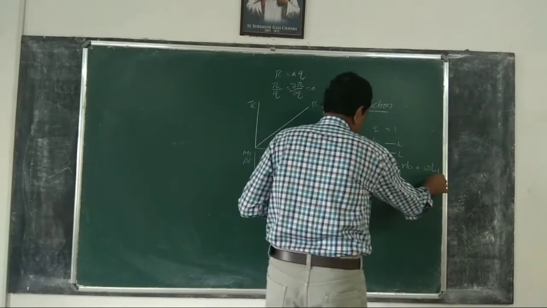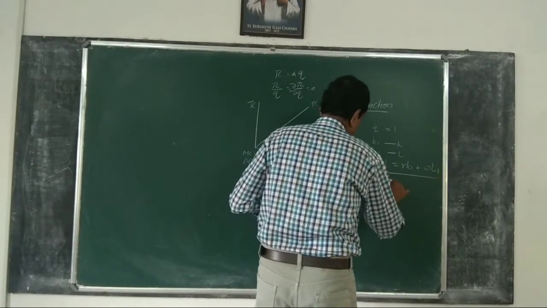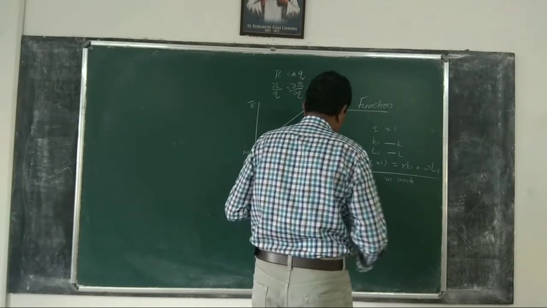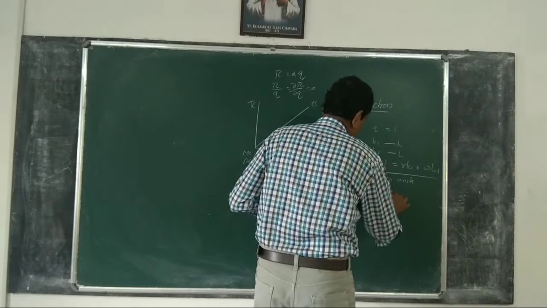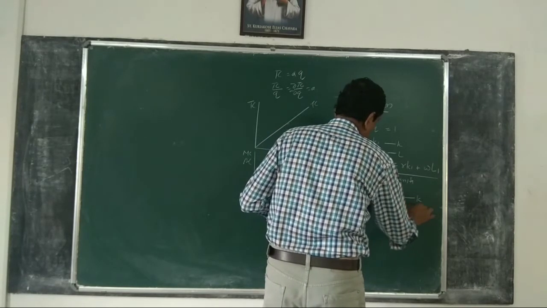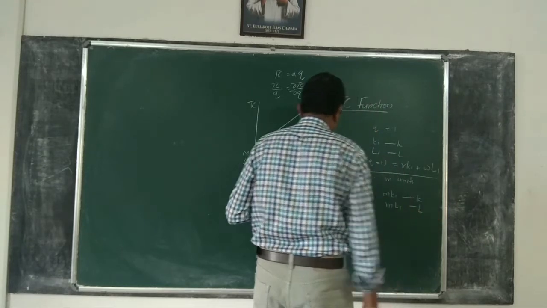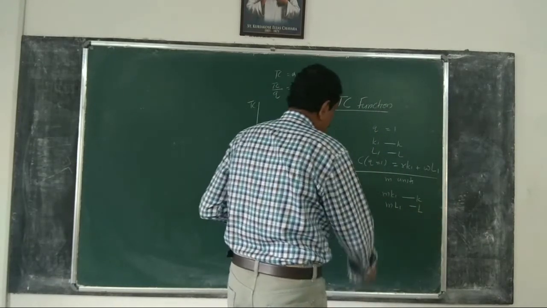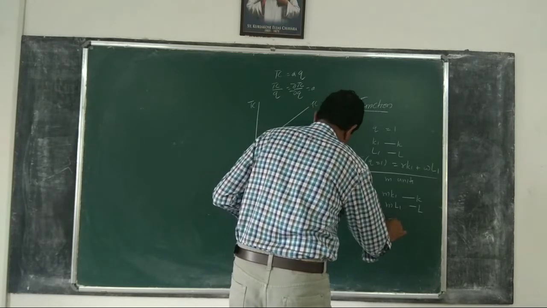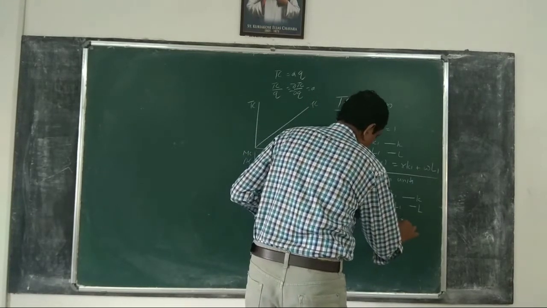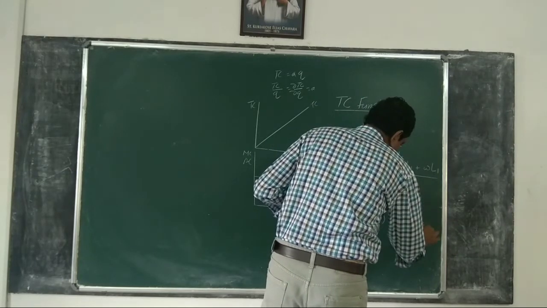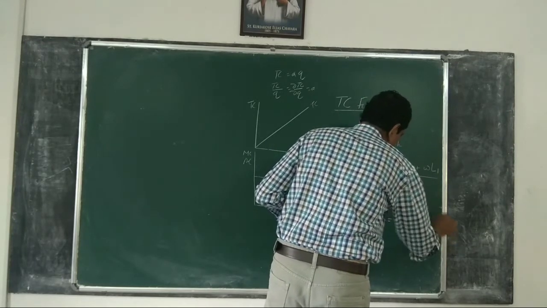Then to produce M units, M into K1 units of K and M into L1 units of L will be required. So the cost of producing Q equal to M is equal to R into M K1 plus W into M L1.